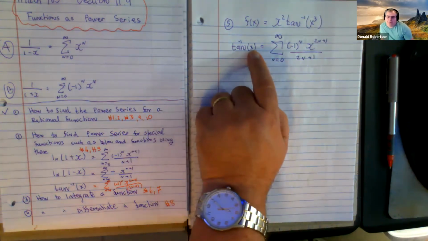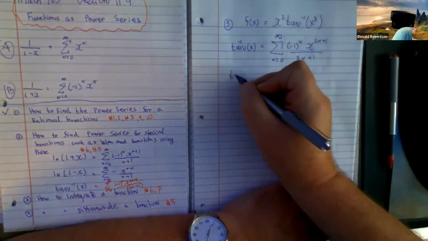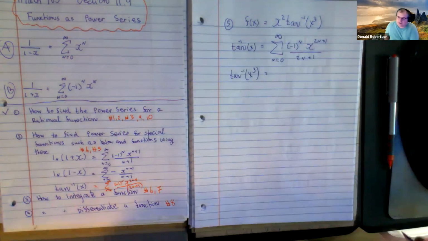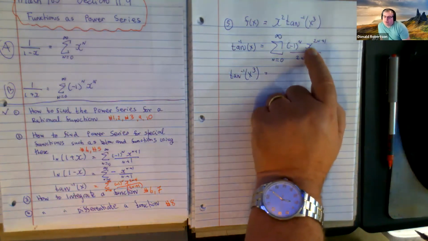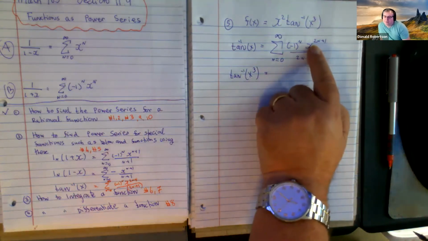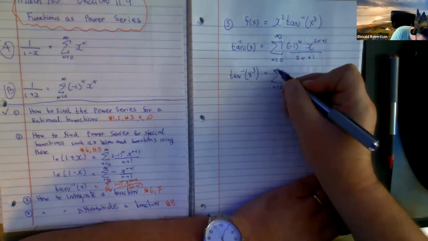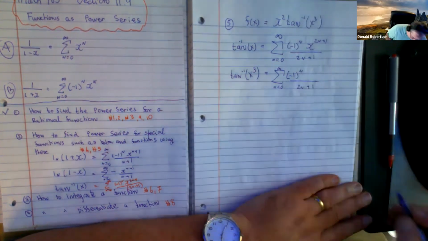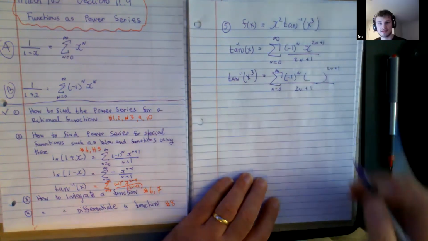Now, if I know a formula for the inverse tan of x, if I know its power series, which I do, I can find the power series for the inverse tan of x cubed. What do you think I'm going to change this x here into to get the inverse tan of x cubed? Because that's the only thing I'm going to change. So this is for anybody. What am I going to replace that x by? It's the x to the 2n plus 4.